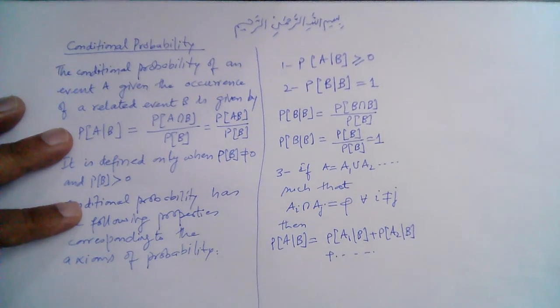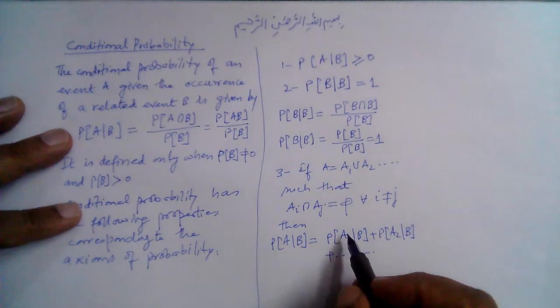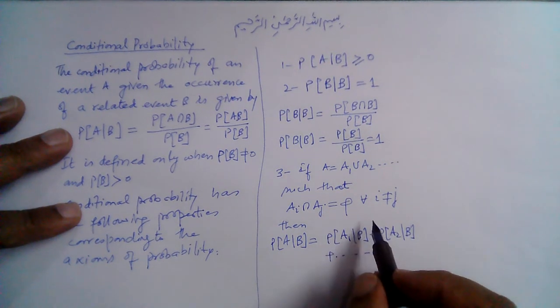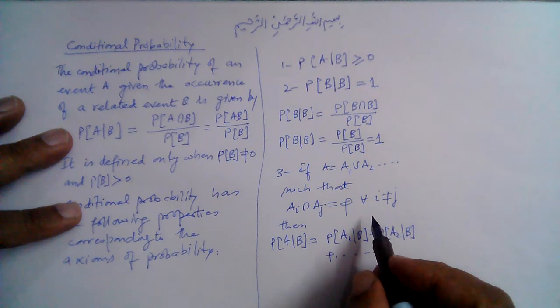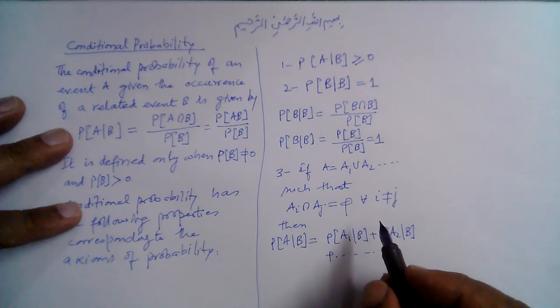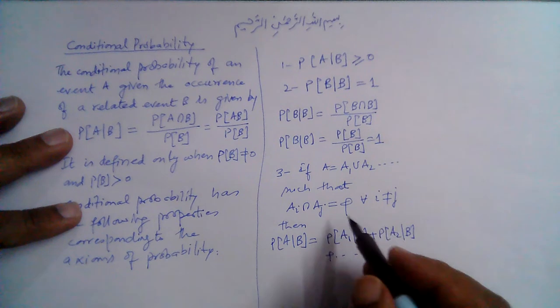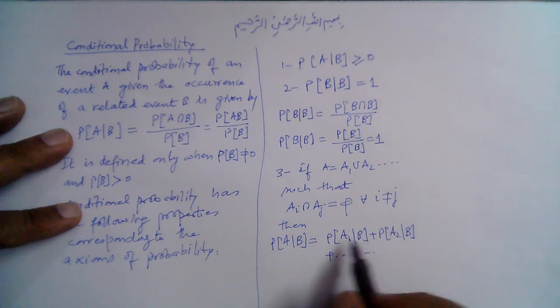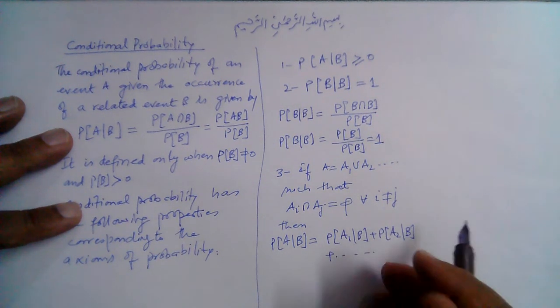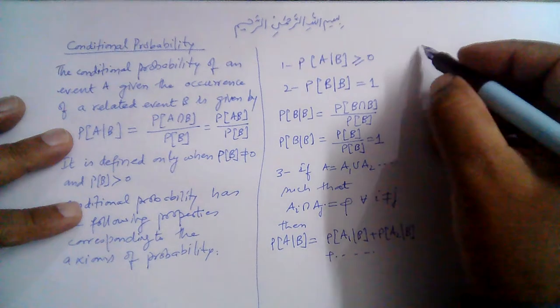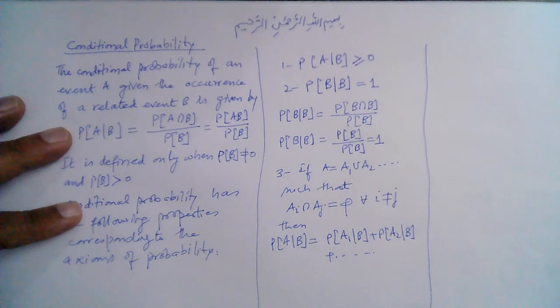The only condition is that all these sub events A1, A2 are mutually exclusive, or disjoint events. In that case, this holds. So these are the three properties related to the conditional probability.